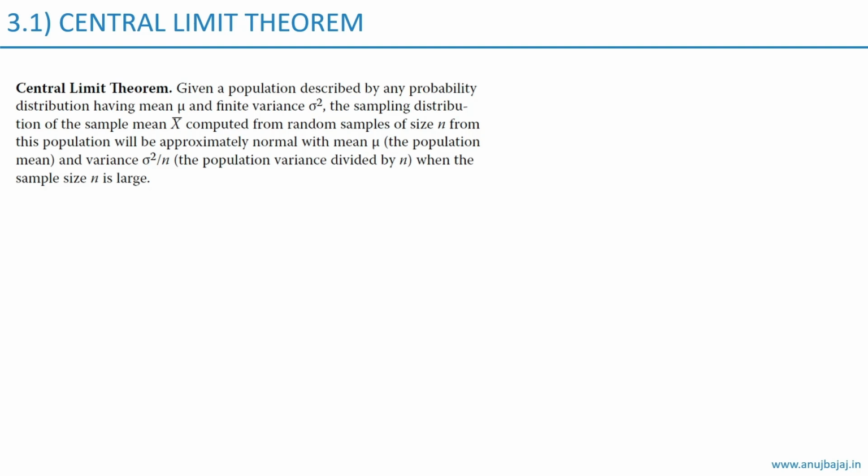And this is the official definition of the central limit theorem, which says that given population data described by any probability distribution which has a finite mean mu and a finite variance sigma squared, then the sampling distribution of the sample mean x bar, computed from random samples of size n from this population, will be approximately normally distributed, with the average of all the samples being the same as the population mean mu and the variance being the population variance divided by the sample size, given that the sample size should be large enough to satisfy all these things.